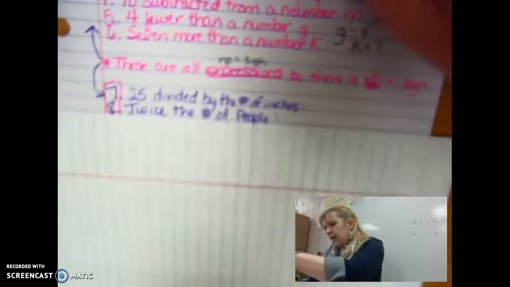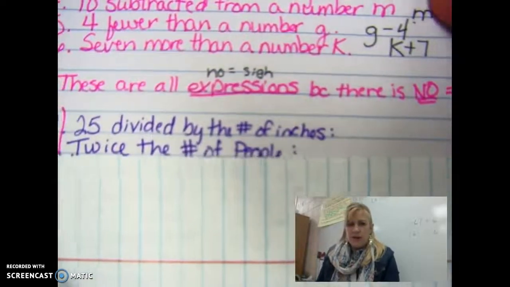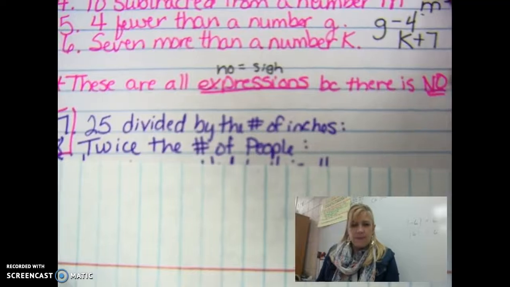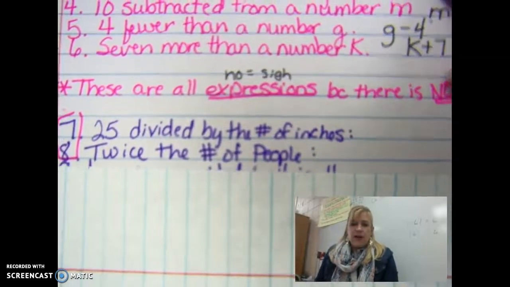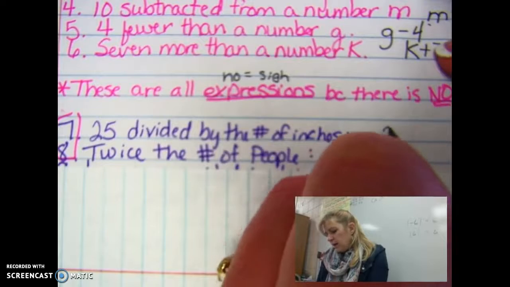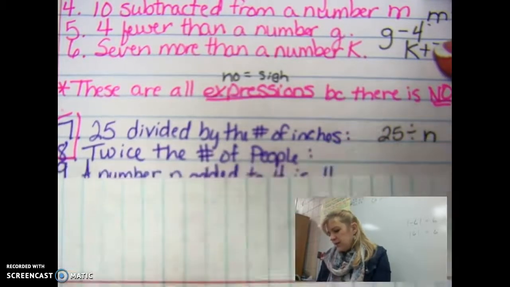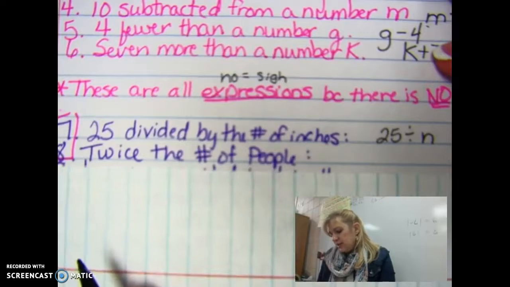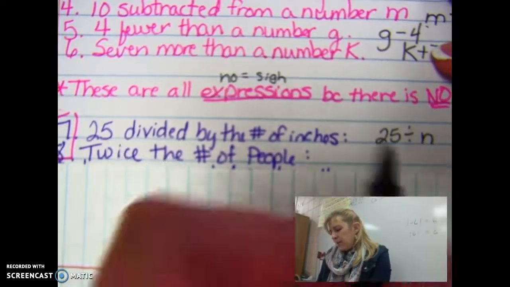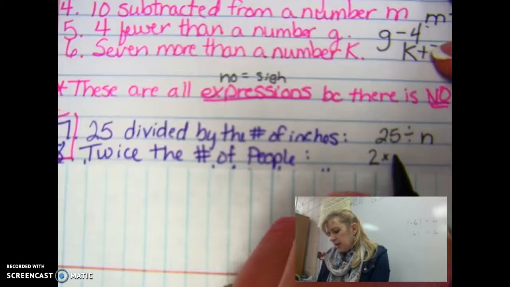So number 7, again, 25 divided by some number of inches. So we could do 25 divided by, and I'm just going to put n because n is in inches. And if we say twice the number of people, I could do 2 times p.